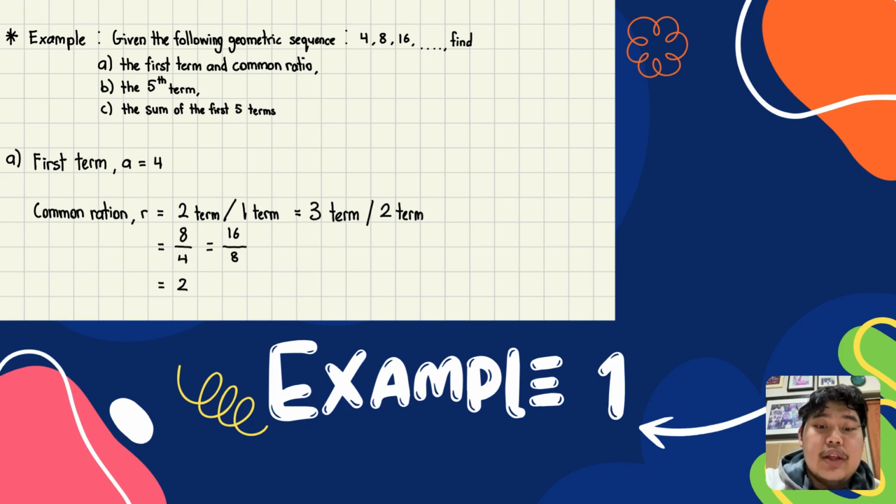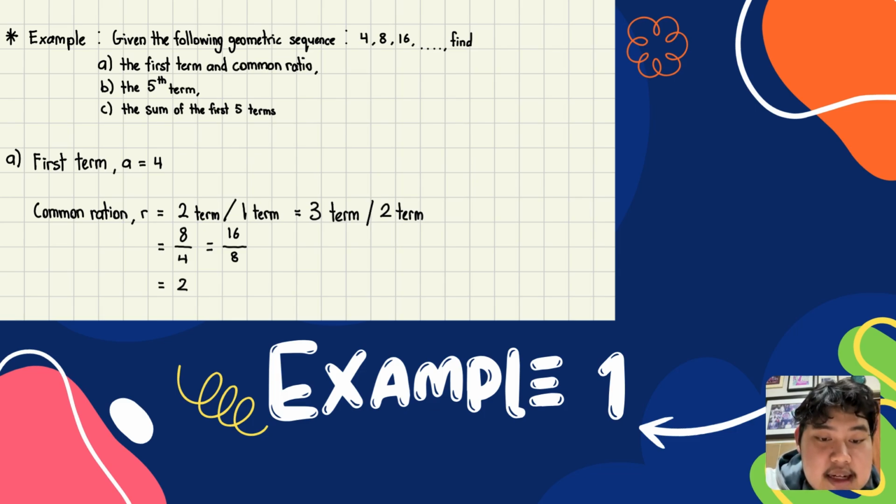Now we need to find the common ratio, R. You take the second term, divide by the first term, and you will get the ratio. The second term is 8 and the first term is 4, and when you divide, you get 2. Same for the third term divided by the second term: 16 divided by 8 gives 2.